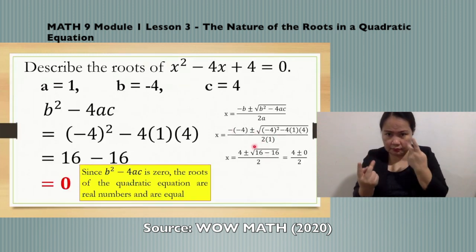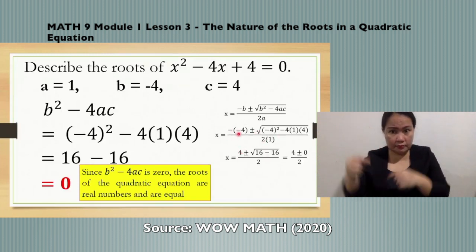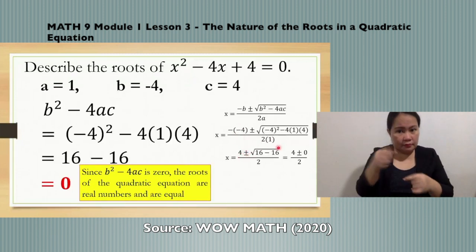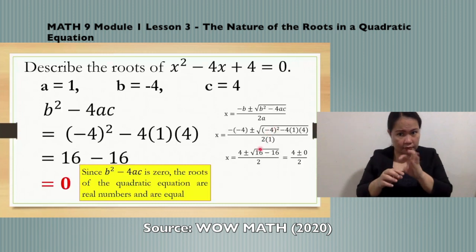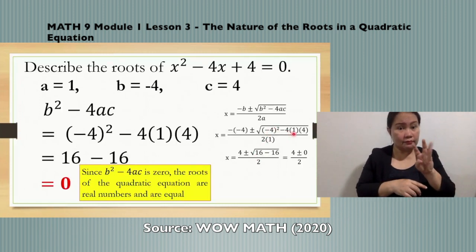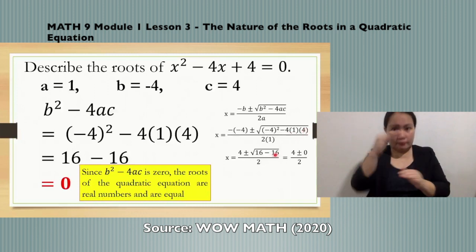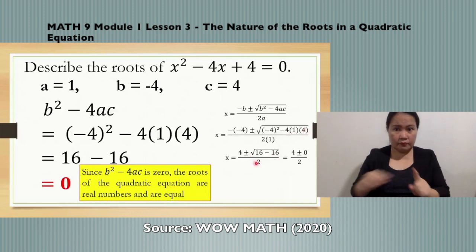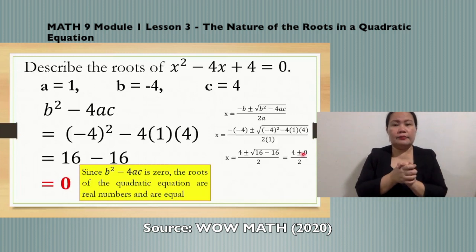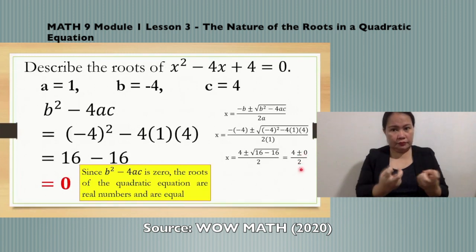So, we will have positive 4 kasi negative, negative, that is positive, positive or negative square root of negative 4 squared, that is 16, minus 4 times 1 is 4 times 4, that is 16, all over 2. So, we now have 4 positive or negative square root of 0, that is 0 over 2.